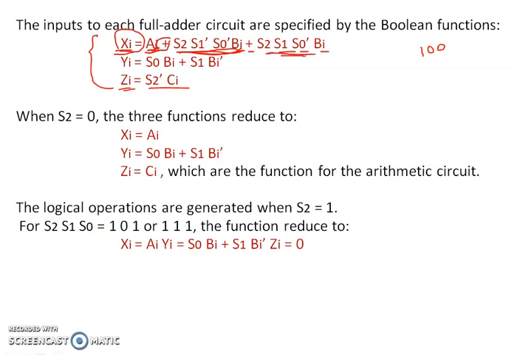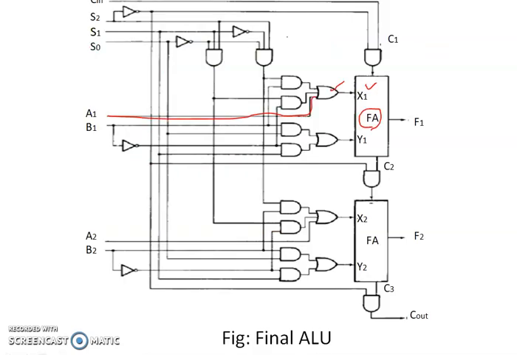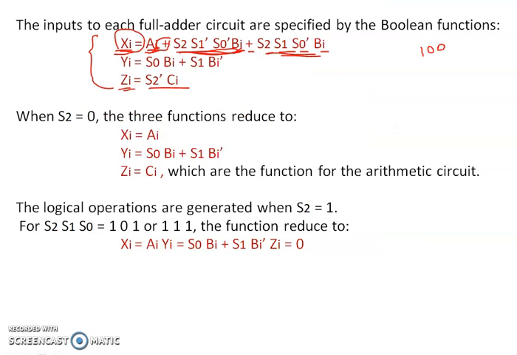Two AND gates are required to represent these two terms, and the inputs will be fixed based on these terms. So here two AND gates are being included. One AND gate will be taking the input as BI together with S2, S1 complement, S0 complement.